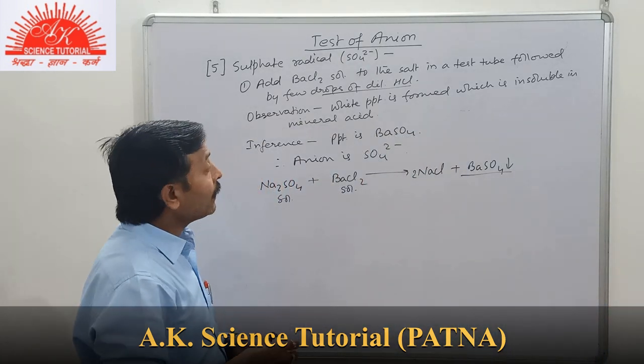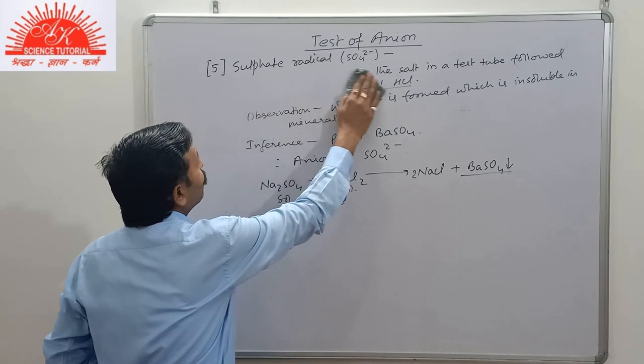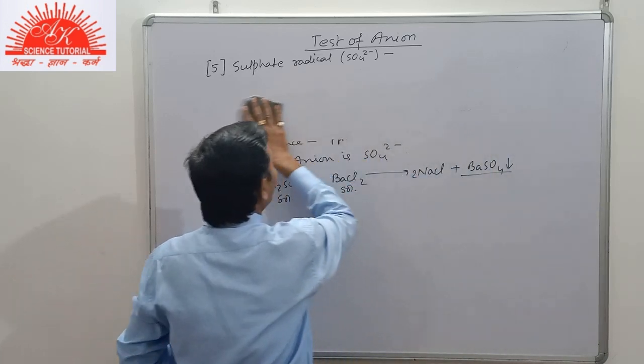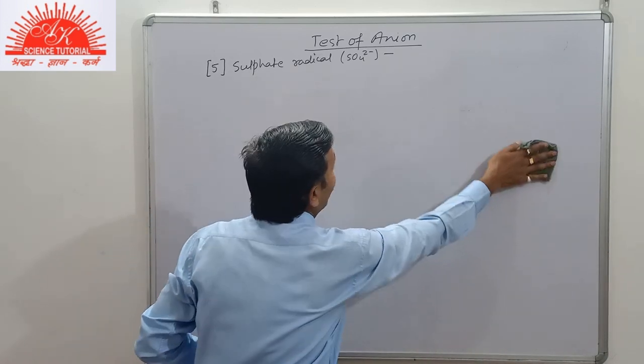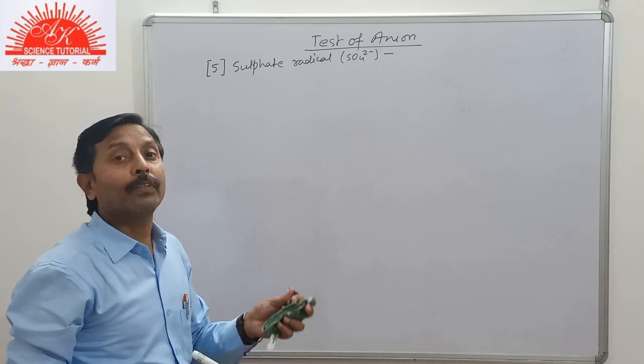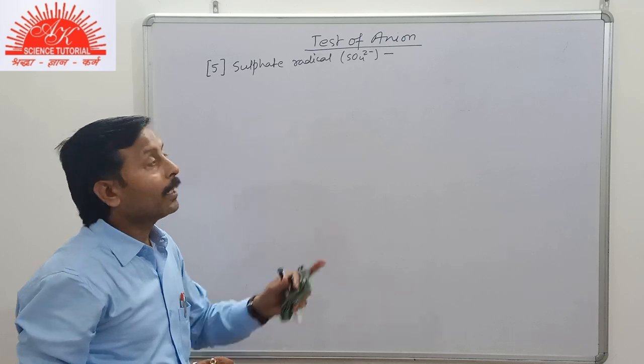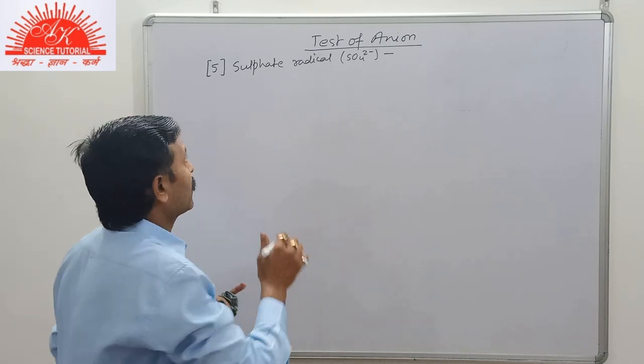Using this observation, you can identify the sulfate ion in a given salt. You can also identify, in the acid chapter, sulfuric acid. You will have to distinguish sulfuric acid from others. You can also use this test.